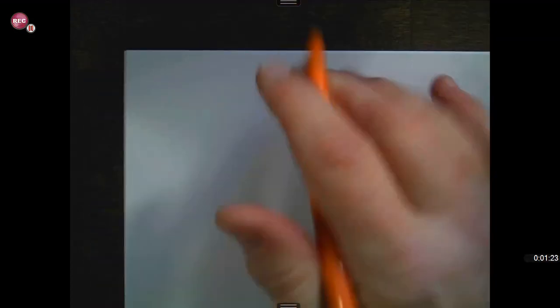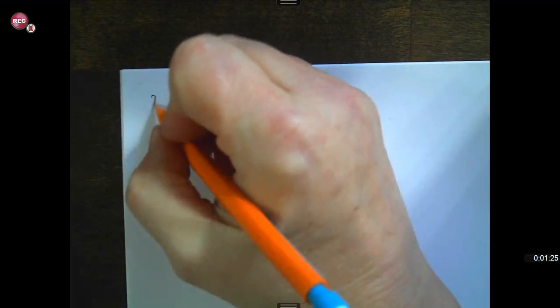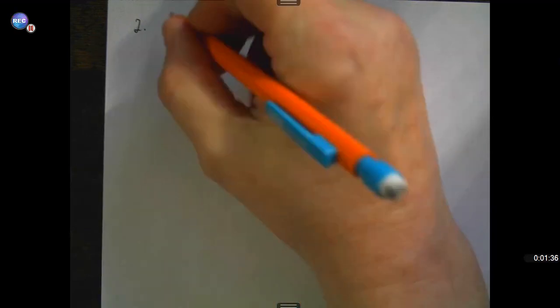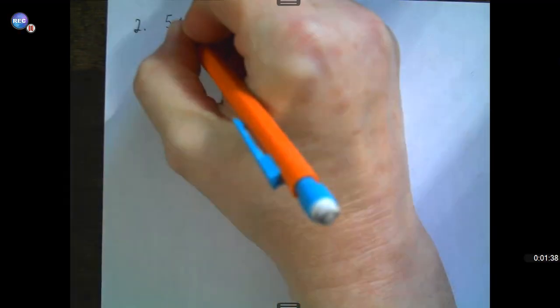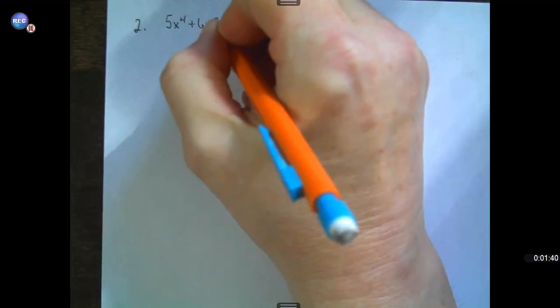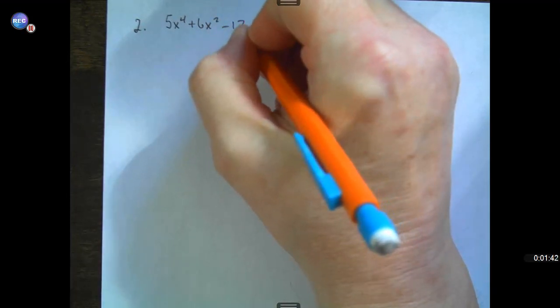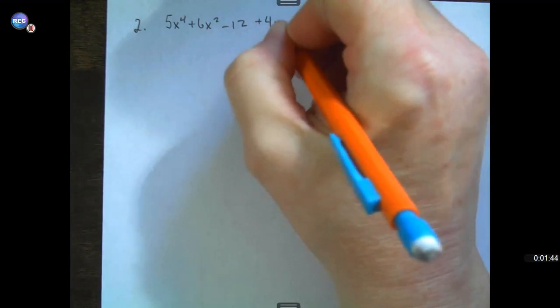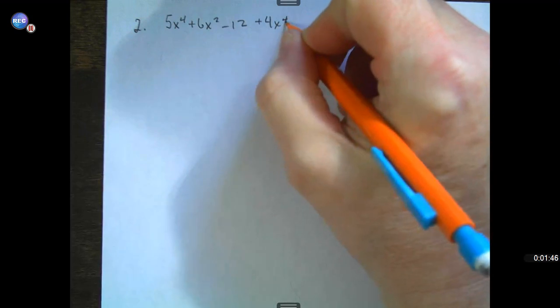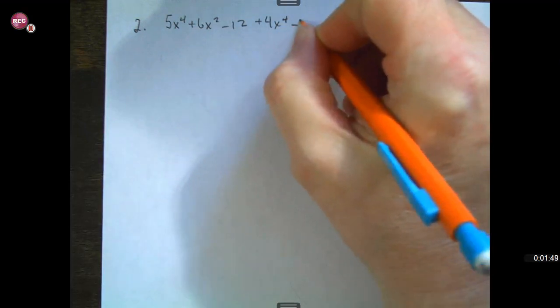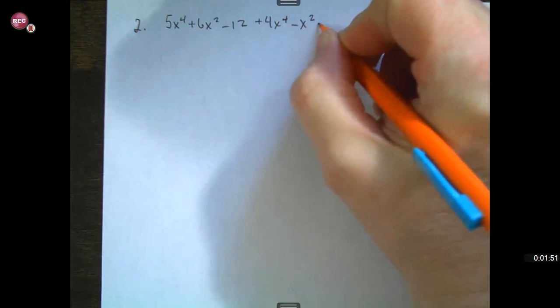And then starting with number 2 now, we have 5x to the 4th plus 6x squared minus 12 plus 4x to the 4th minus x squared plus 3x minus 7.